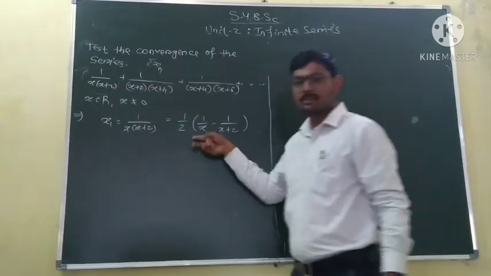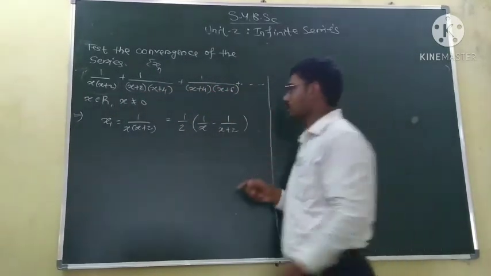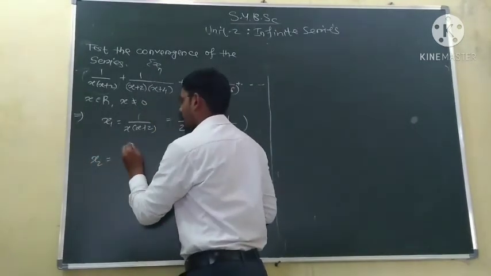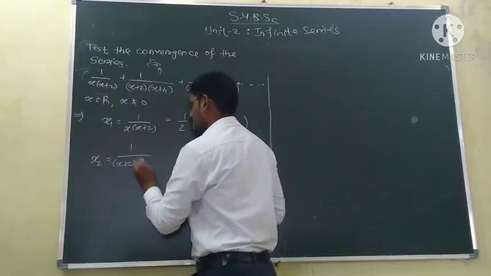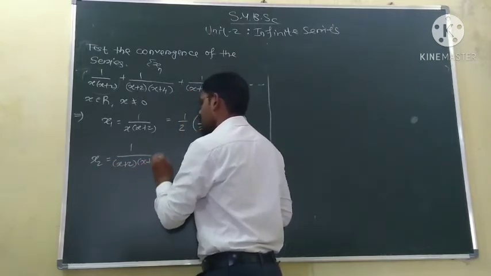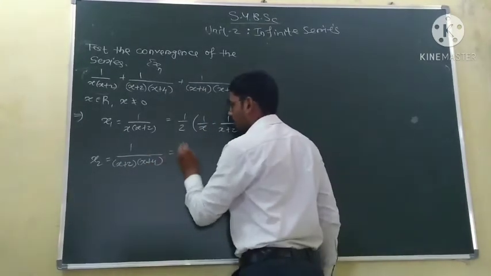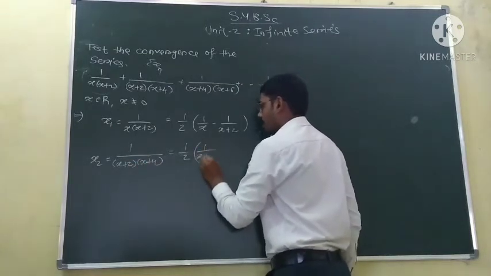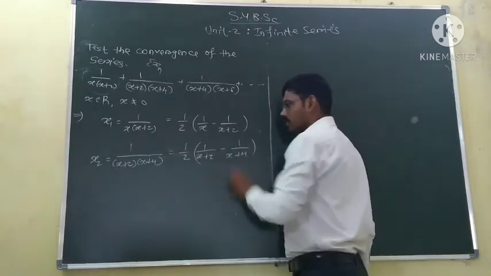In a similar manner we can write all the terms. Here x2 is equal to 1 upon x plus 2 into x plus 4, and this is again half of 1 upon x plus 2 minus 1 upon x plus 4.